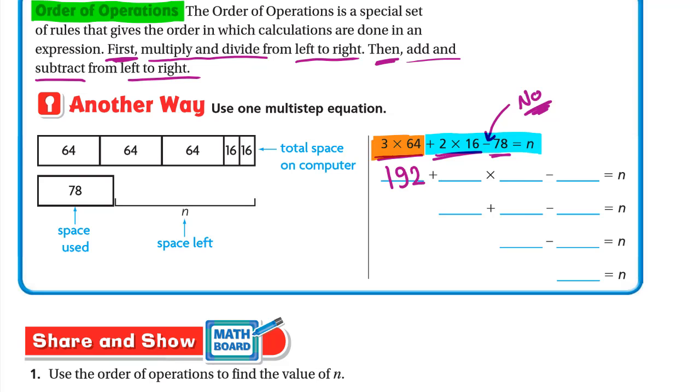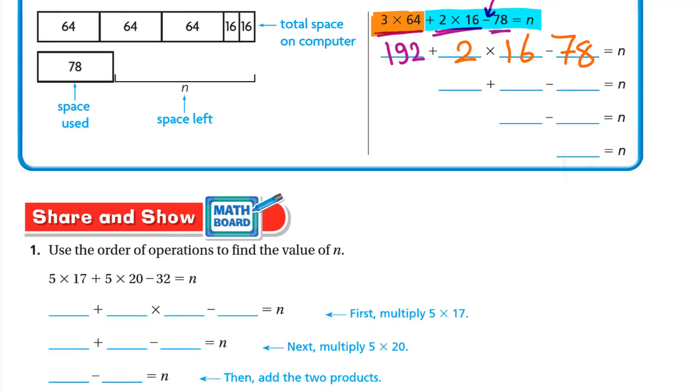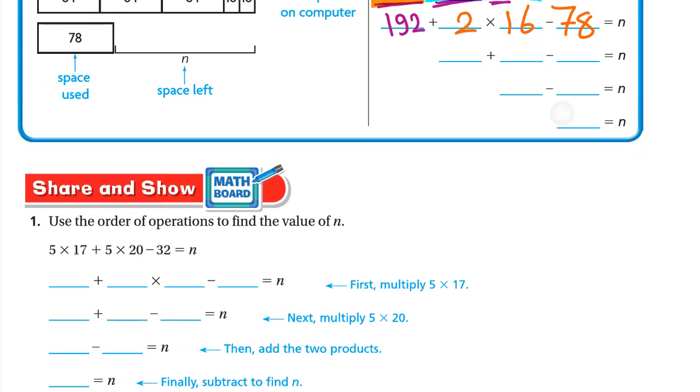So I write it all again. Now let's hide the first line and look at the new one. The new one is 192 plus 2 times 16 minus 78.